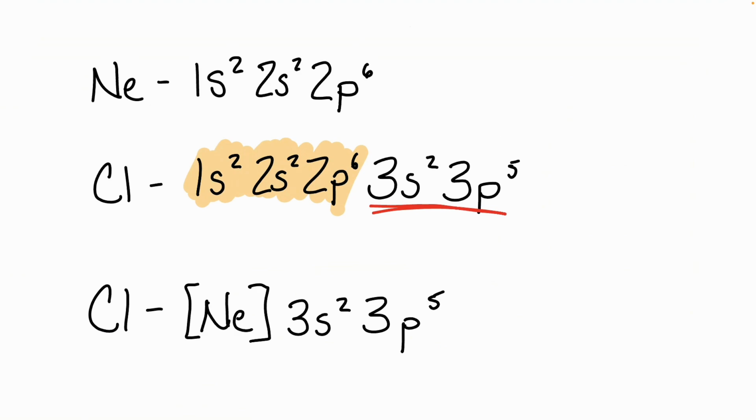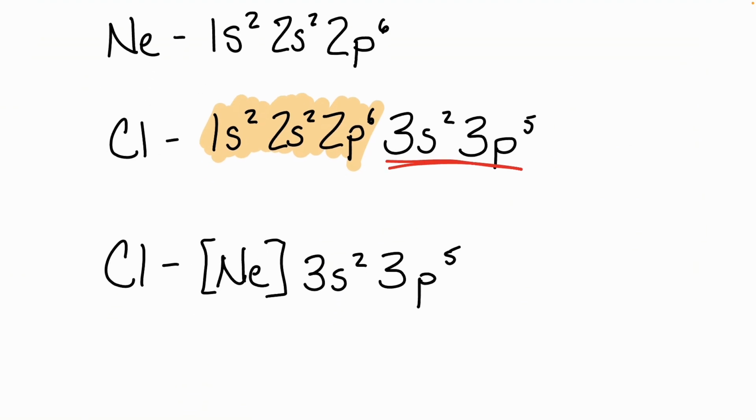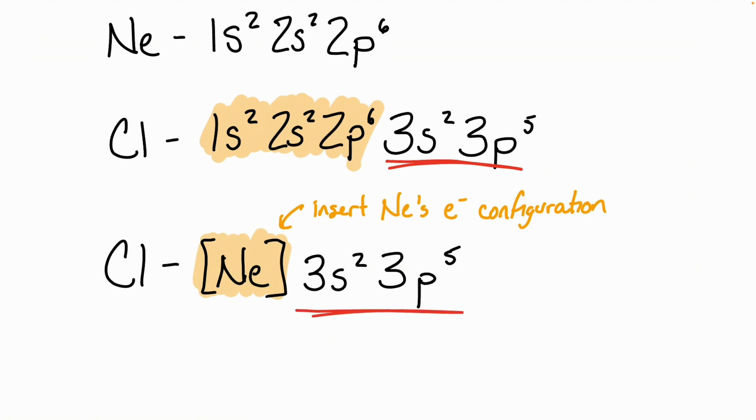Okay, so in brackets, we have this noble gas. What this is saying is insert, in this case, neon's electron configuration and then add on this extra bit to get chlorine's.